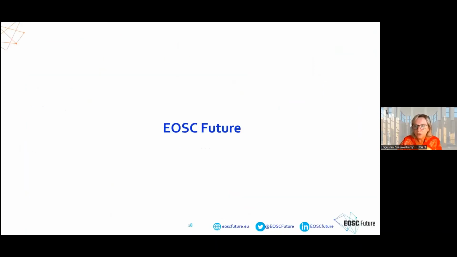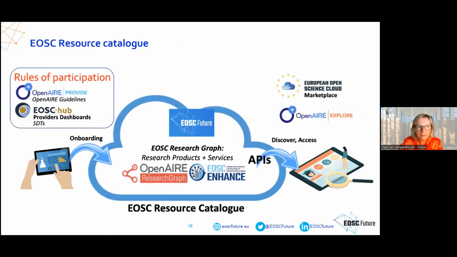There's quite some work out there to get all these infrastructures, repositories, etc. connected. And OpenAIRE is also a partner in EOSC Future. It has been mentioned already several times today, so this is quite an important project to get the EOSC going.